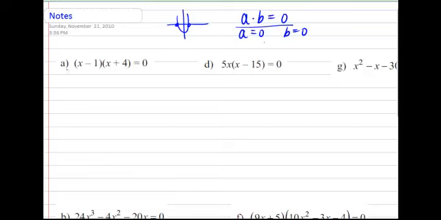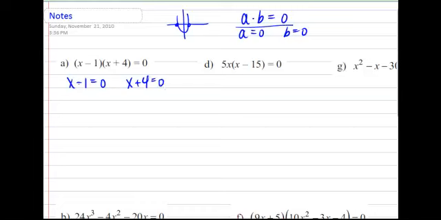This first example I'm going to show you in example A. I have two binomials that are either already factored or just started out this way, and they are already set equal to 0. So to solve this, we break this apart into basically two equations. We say x minus 1 is equal to 0 and x plus 4 is equal to 0.